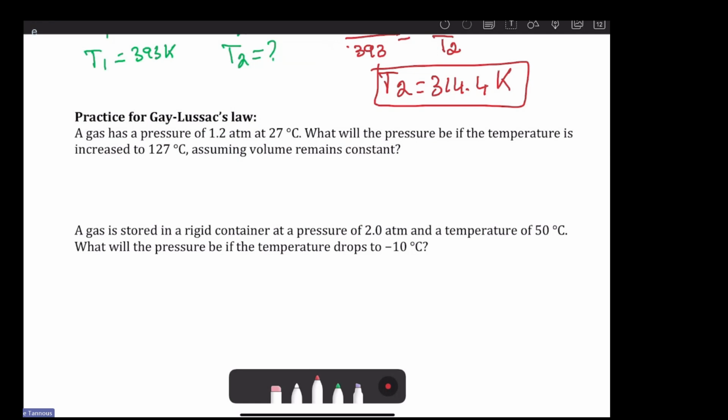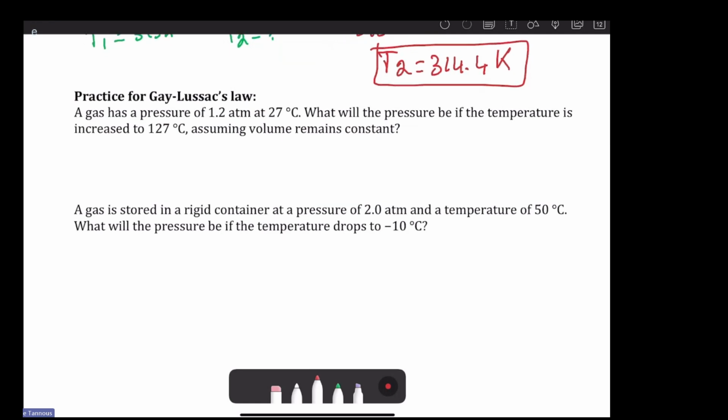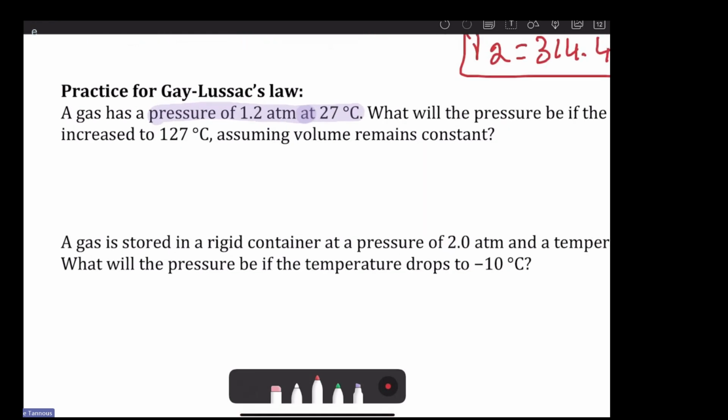Last two questions. The Gay-Lussac. So I'm sorry, it's a long session. A gas has a pressure of 1.2 atmosphere at 27 Celsius. So pressure is 1.2 atmosphere and the temperature is 27 Celsius, which is plus 273, so that's 300 Kelvin.